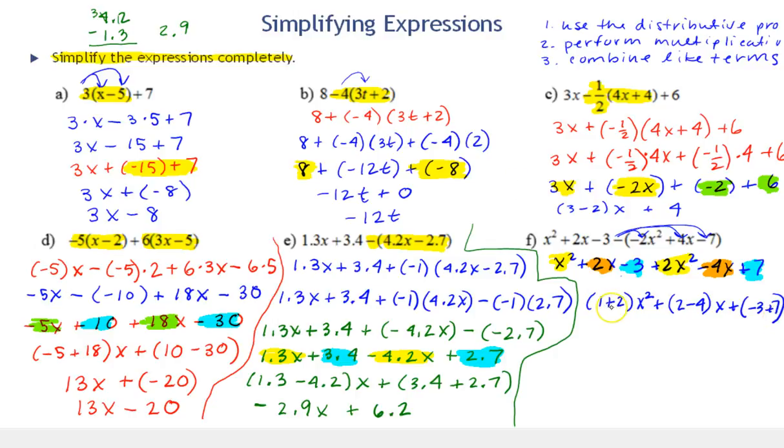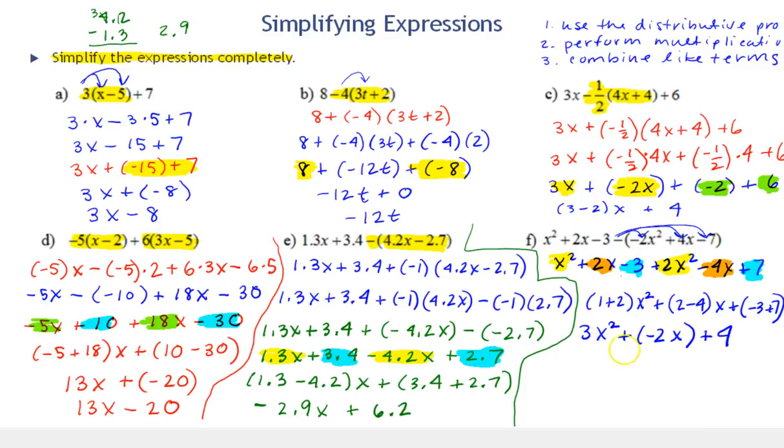Okay, so we use the distributive property, we perform the multiplication, now we're combining like terms, so we need to add these coefficients. This is 3x squared plus 2 minus 4 is negative 2, so we have negative 2x plus negative 3 plus 7 is 4.